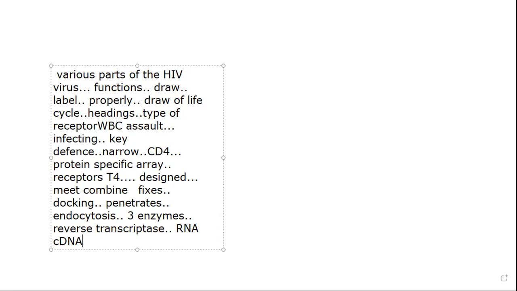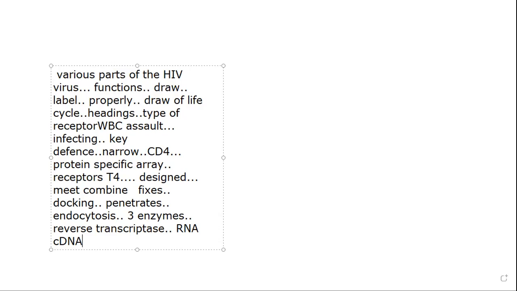By the help of the protease enzyme, assemblage is going to take place. Breaking down of larger proteins is going to take place inside the human cytoplasm. And then assemblage of viral proteins is going to take place, and the whole structure is going to be constructed again.